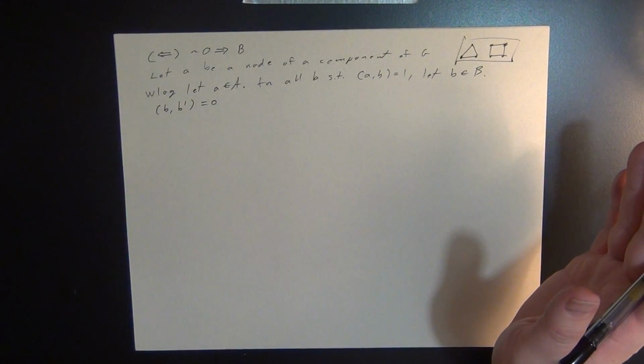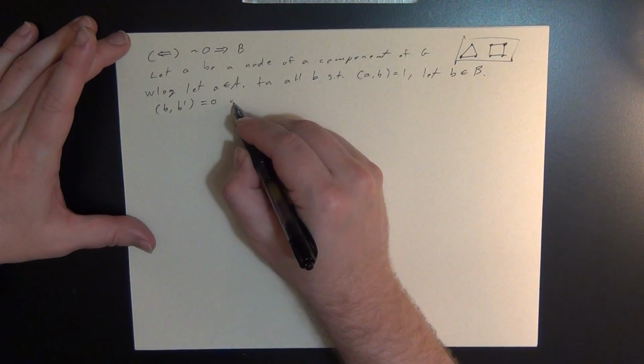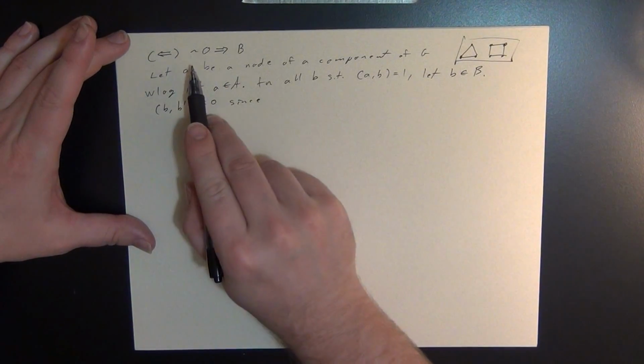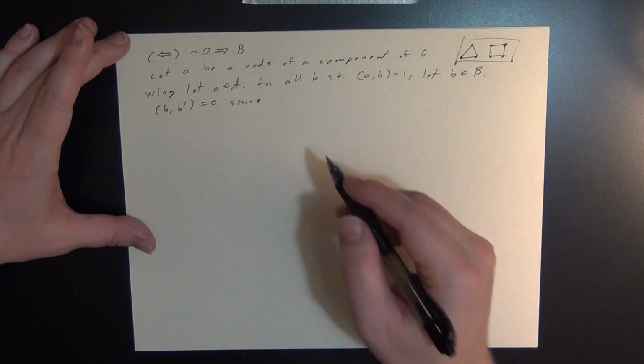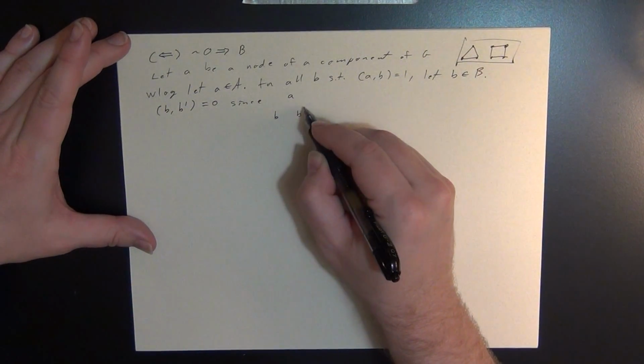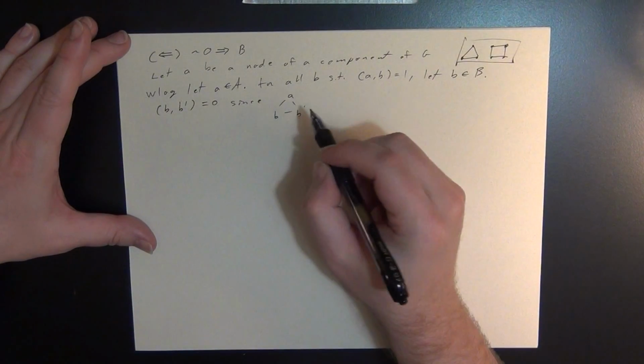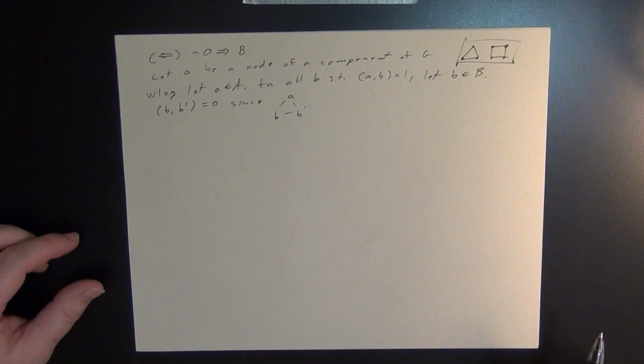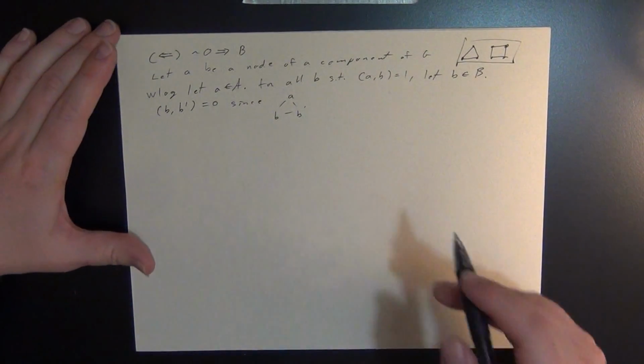None of the B's are connected since we're assuming there are no odd cycles, and if any of the B and B primes are connected, this is an odd length cycle.